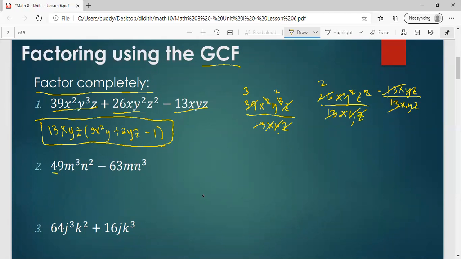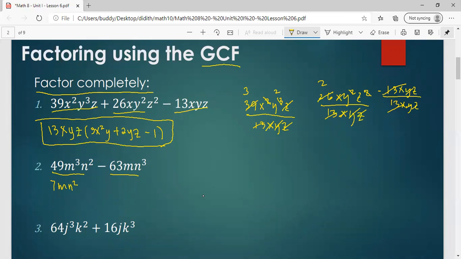So again, we're going to work on the GCF between the two terms. The GCF for that would be 7, so we have 7m and then n squared. So this is the GCF.